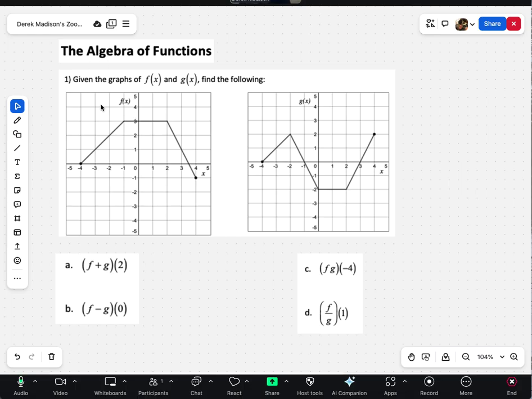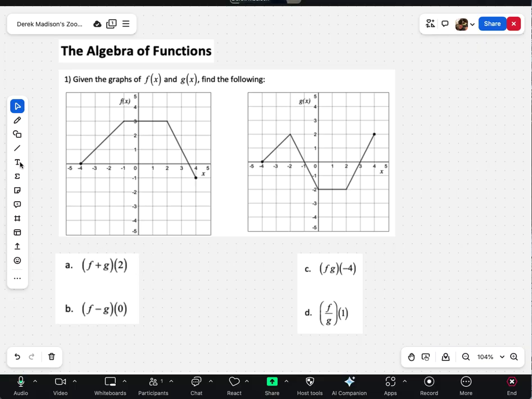For this first example, we're going to be given graphs as our prompt. For most of these, we'll be given equations, but we're starting off with graphs. So what it's asking us to find is f plus g evaluated at 2. This first graph is f, the second graph is g.